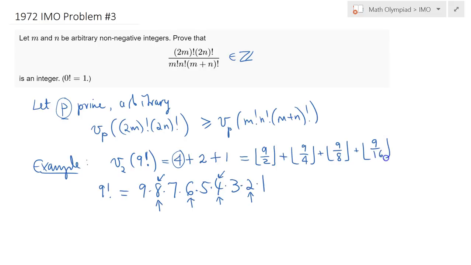Why can I do that? Because I know the further terms will just be 0, so it cannot hurt me. But it is useful in the sense that it can help us generalize.